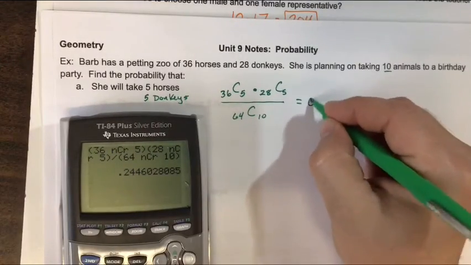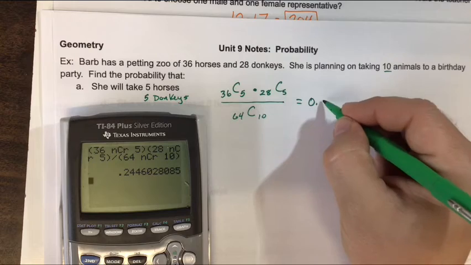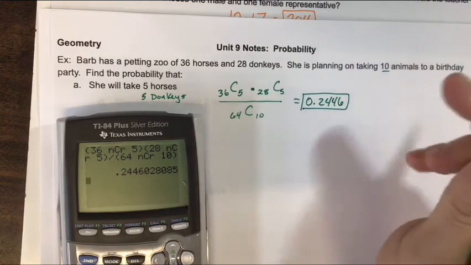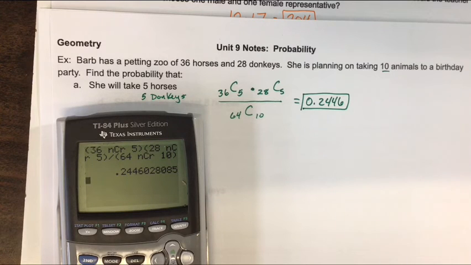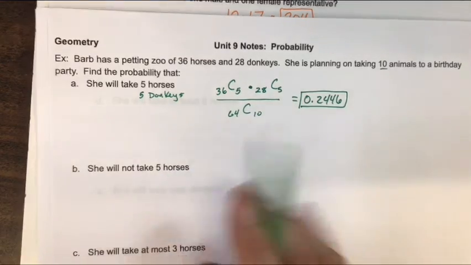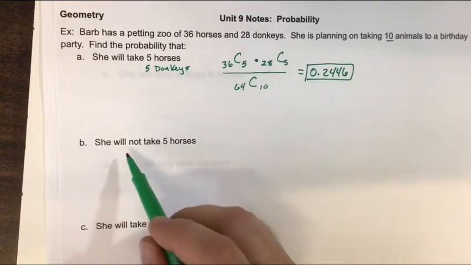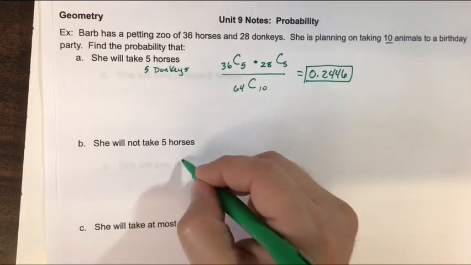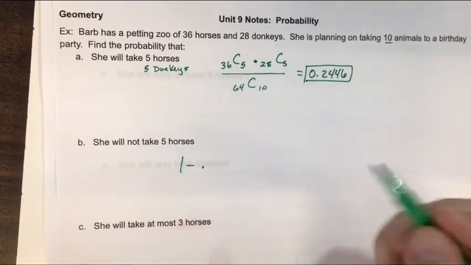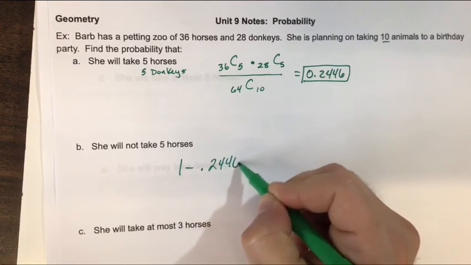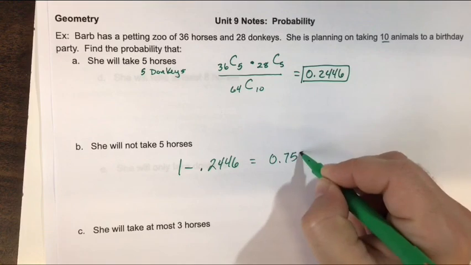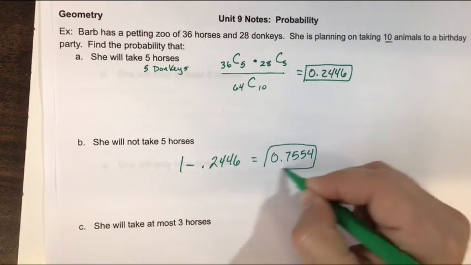And we get that that is about 0.2446 for our combined probability. Okay, so when it asks what's the probability that she will not take 5 horses, well, that's simply 1 minus the result I just got, which means we get a total of 0.7554 for that probability.